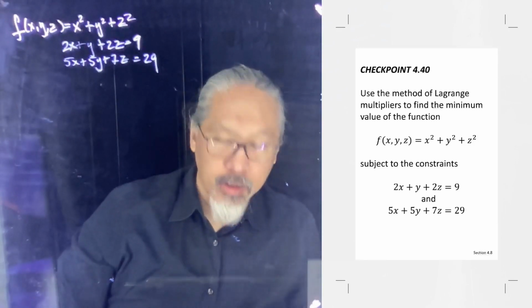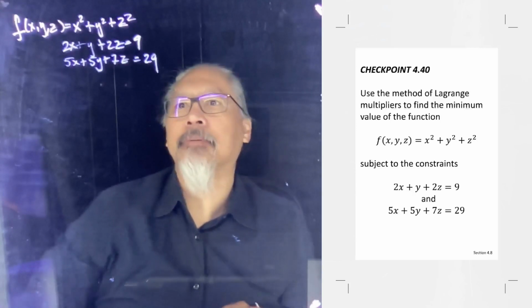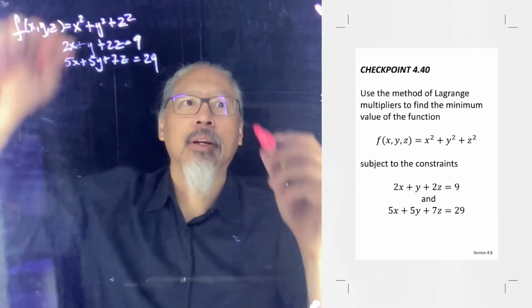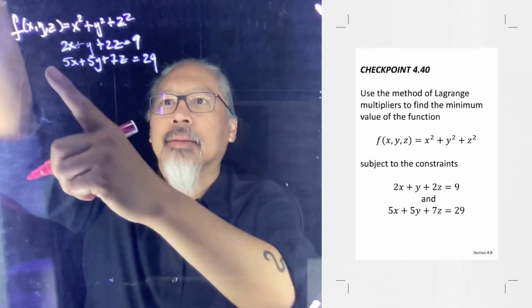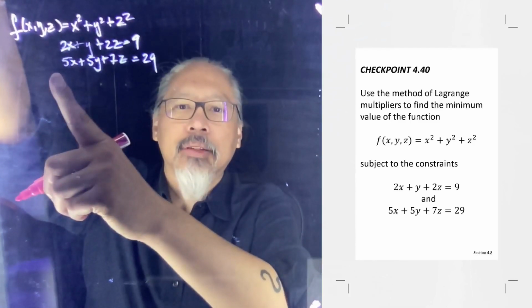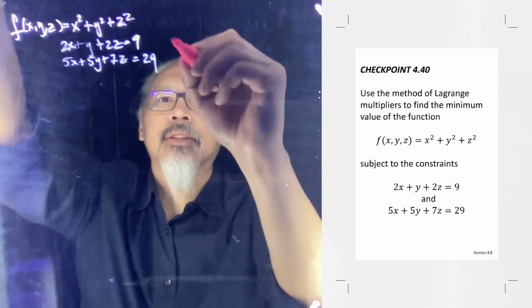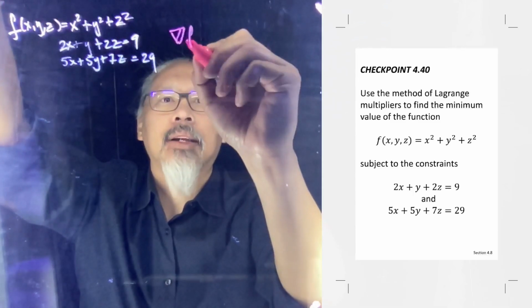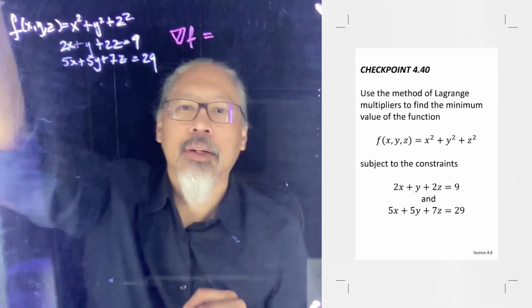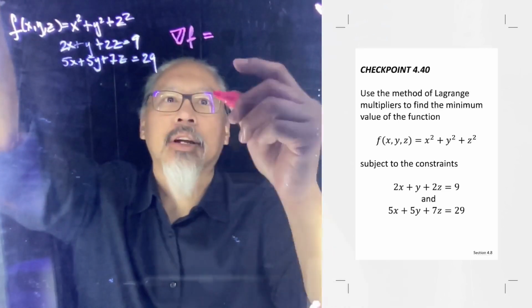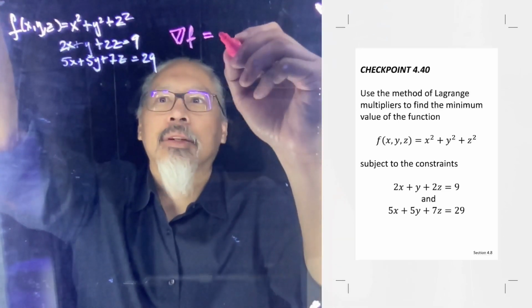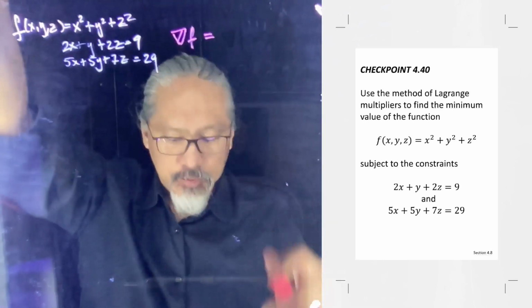Okay. Now, I think we should know the formula. When we have two constraints, Lagrange multipliers tells us that we want to find the solution for the gradient of f being equal to the linear combination of the gradients of these two functions.